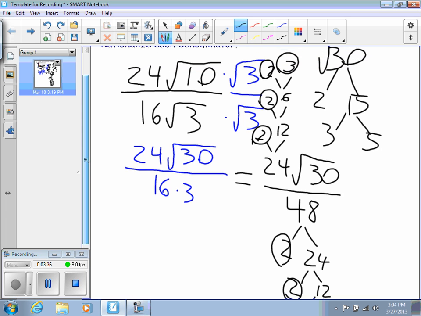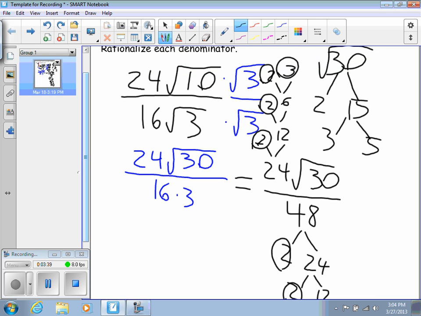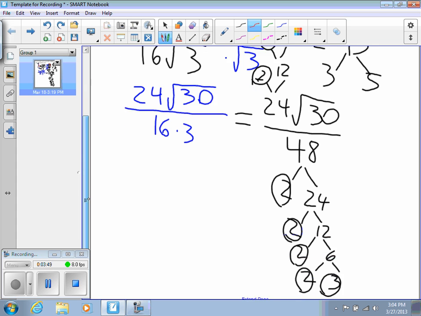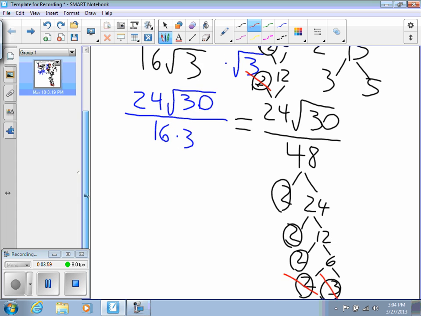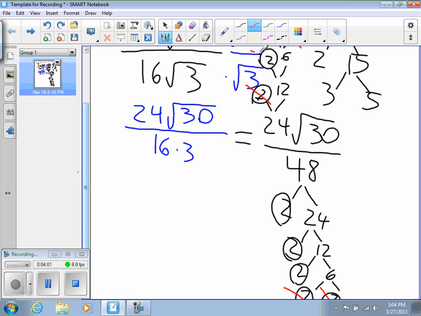And this may prove just a little bit interesting. We have a 3 on the top. Oh, let's make that red. We have a 3 on the top, and going down there was a 3 on the bottom. Let's cancel those. Now I have a 2 here, and a 2 here. We'll cancel those. Moving up a little bit, there's a 2 here, and a 2 here. I can cancel those.